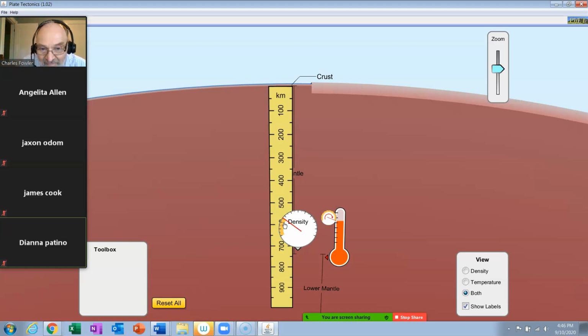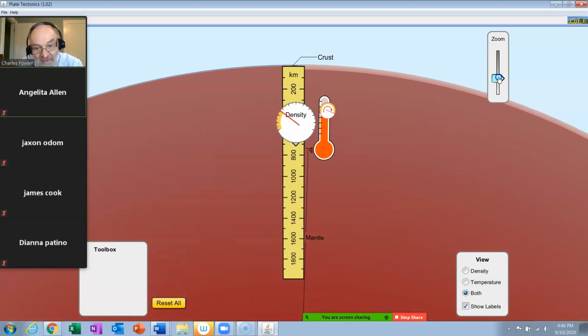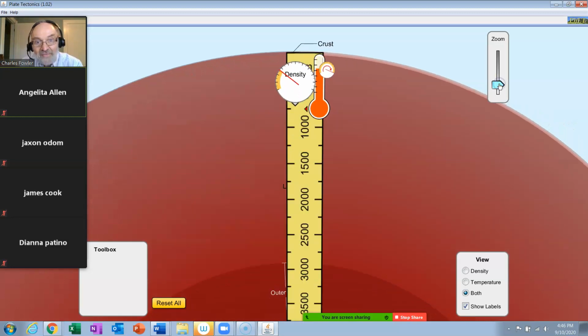What's next? Increase the zoom to the outer core and expand the ruler. Okay. From the crust to the outer core. So I'm going to go up here to the upper right. You see the zoom. I'm going to make it go down, and we're going to look for the outer core. Oh, there it is, until we get the ruler to show that, right?